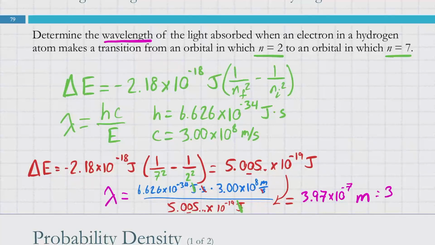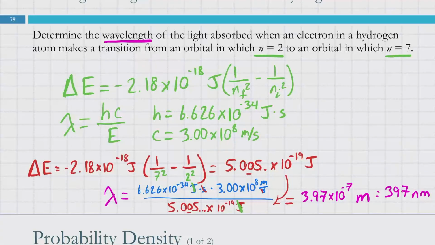This would be the same as 397 nanometers. So that's the wavelength of light that hit our hydrogen and gave that energy to the electron to cause it to jump from n equals 2 to n equals 7.